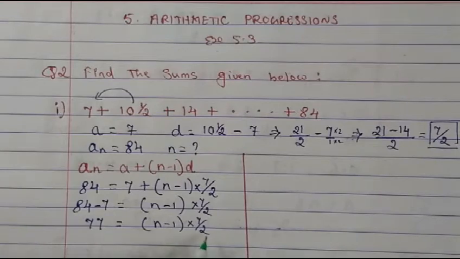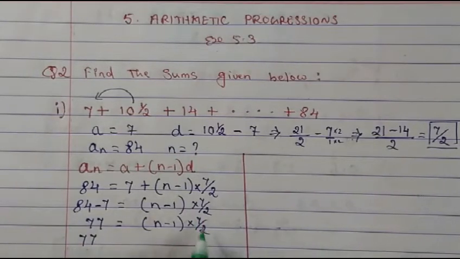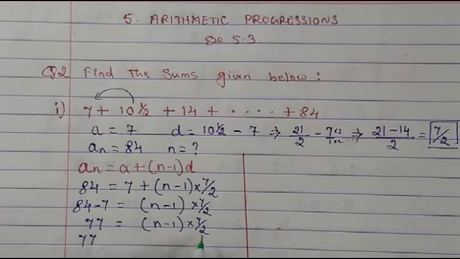Now let's bring this to this side, 77. This is in multiplication, so when it comes this side, it will go to division, and this is in division, so when it comes this side, it will become multiplication. So now n minus 1.